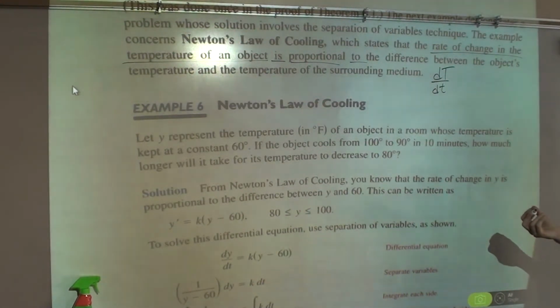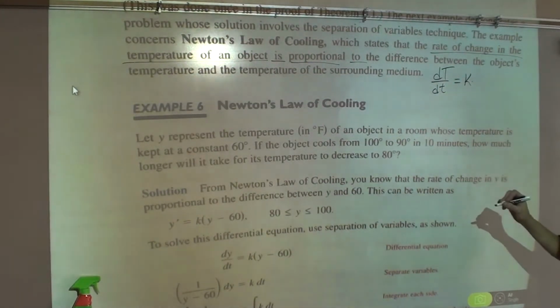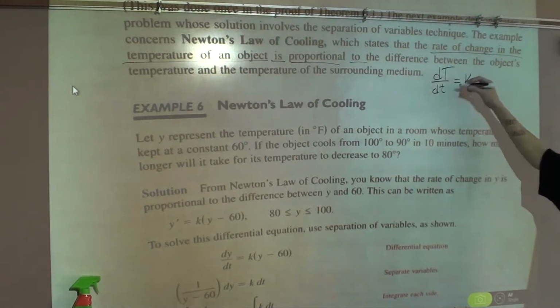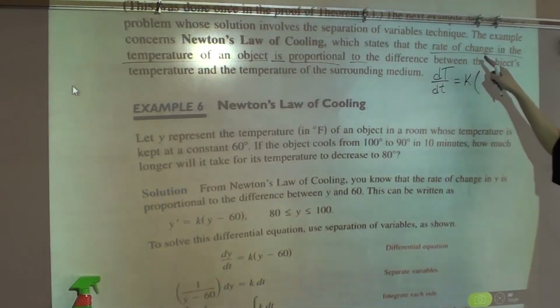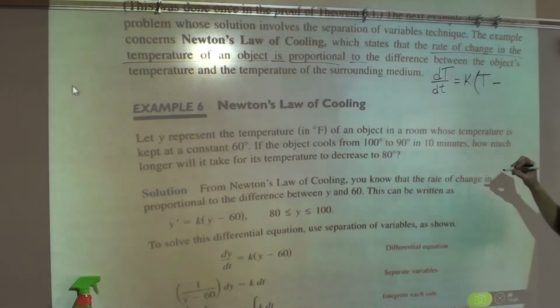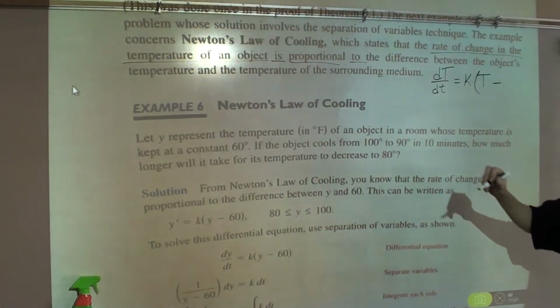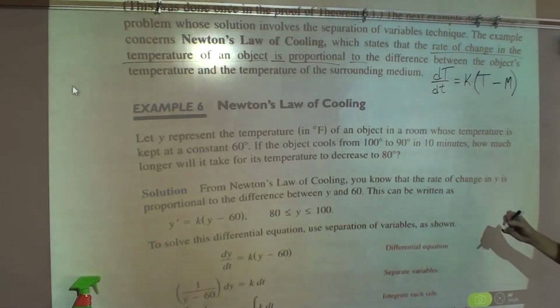That equals k times the difference, T minus M: the object's temperature, big T, and the temperature of the surrounding medium, which I'm going to call M.